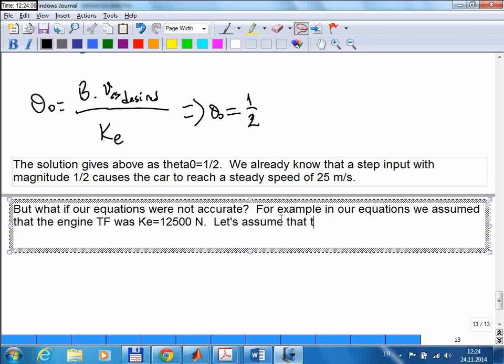Let's assume that the engine performance is less than that, and the real KE is equal to 10,000, for example. So you can think of it as the engine is not working in its optimum conditions, right? It needs servicing, for example.